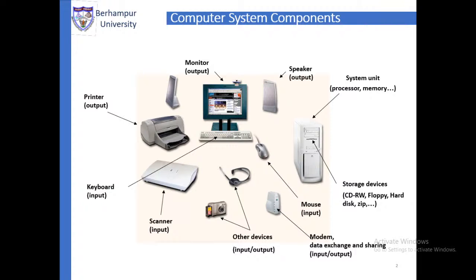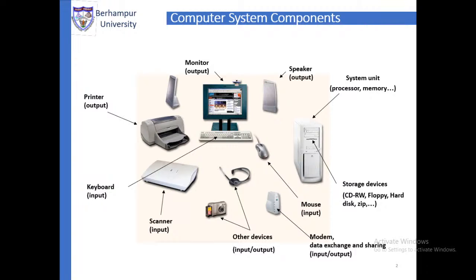Then you have the system unit, which is the main unit, which is the computer. It contains the bases for storage devices like CD drive, pen drive, and floppy. Nowadays people do not use floppy drives or zip drives, but people are using CDs and pen drives. Besides that is the main storage unit, which we call the hard disk.